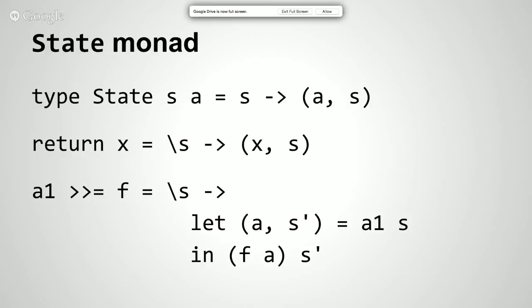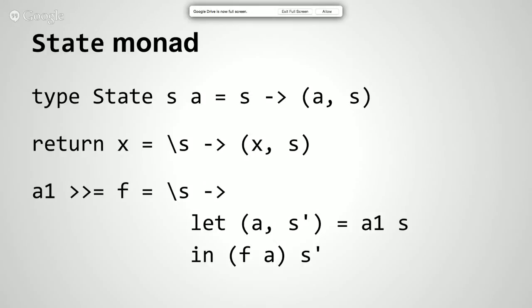And a1, meaning action 1, bind f, is the function that takes a state. First, it computes that action a1 on that state. It takes out the value a that it returns and the new state, which is s prime, and then it applies f of a to that s prime.